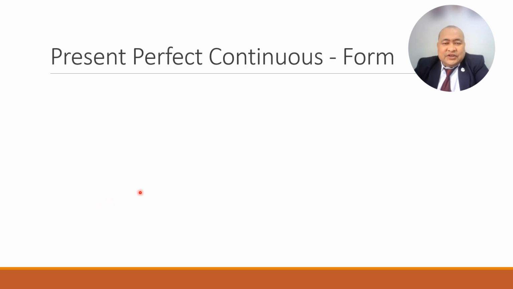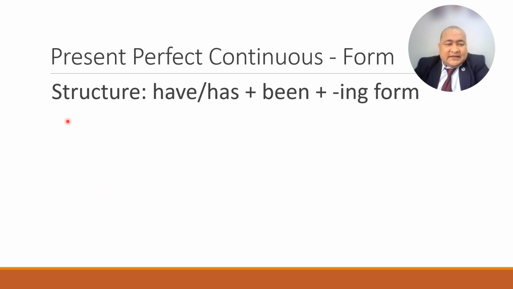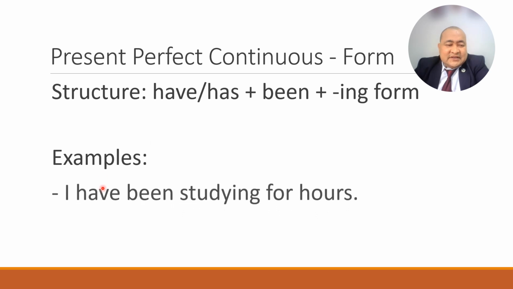Now, let's see the form of the present perfect continuous. The structure is subject and then have or has, and then there is been, and then the verb in the ing form. Have, has, been, ing form. Examples.